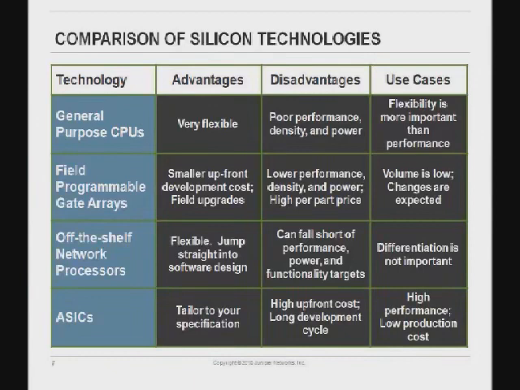They have high upfront cost. In a minute, I will show you, we need to pay a very high cost, called NRE cost, non-recurring engineering cost, when we develop these devices, and they also have very long development cycles. But they are high performance, and they have low production costs, and you cannot escape from them if you design high performance routers.